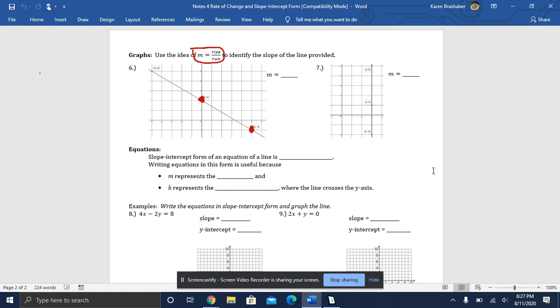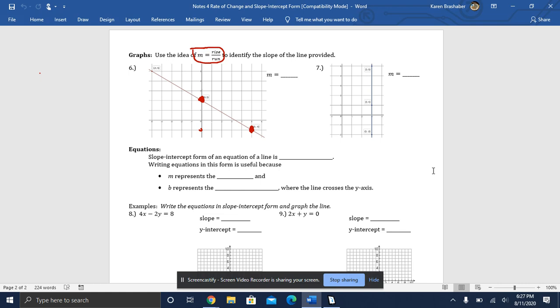So starting with my point (0, 3), I want to count squares until I get even with my second point. So I'm counting, I'm going to have to move down. I'm going to get to right vertically below.